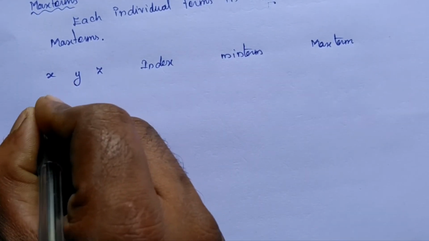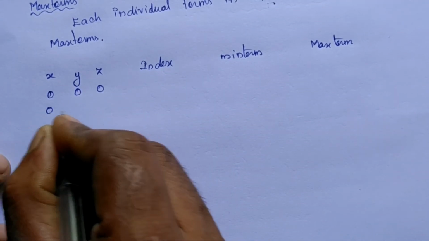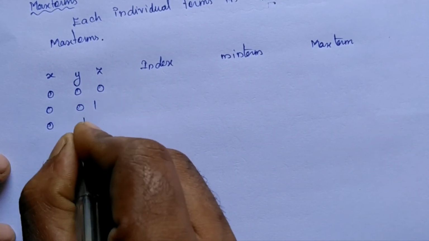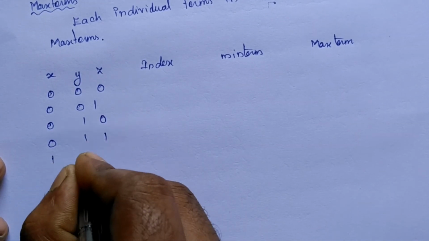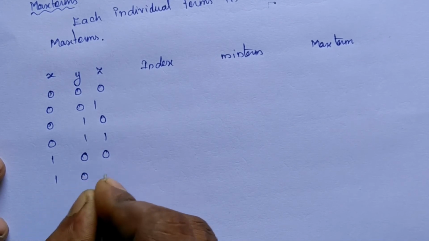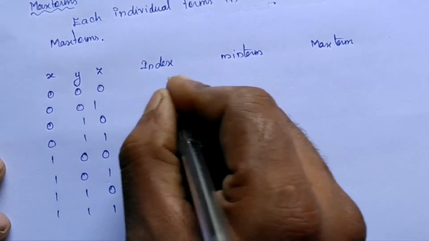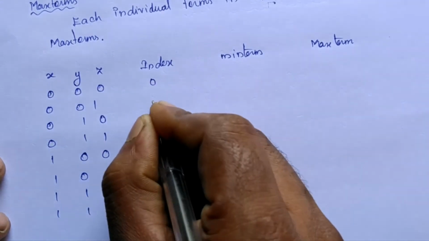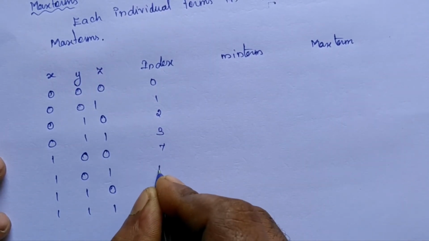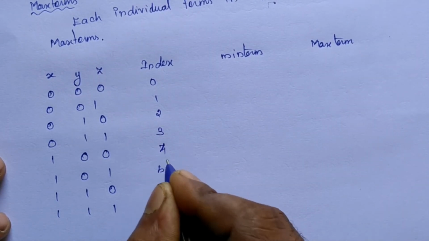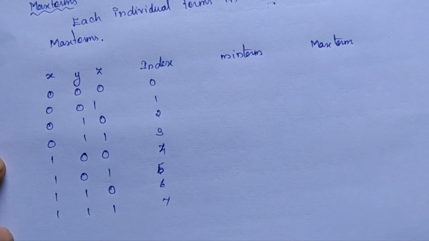So for these variables the possibilities are 000, 001, 010, 011, 100, 101, 110, 111. Here the index is 0, 1, 2, 3, 4, 5, 6 and 7.